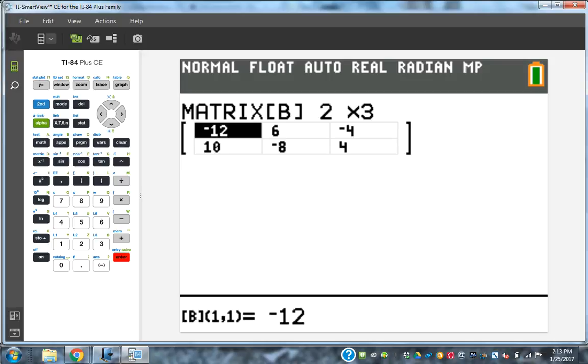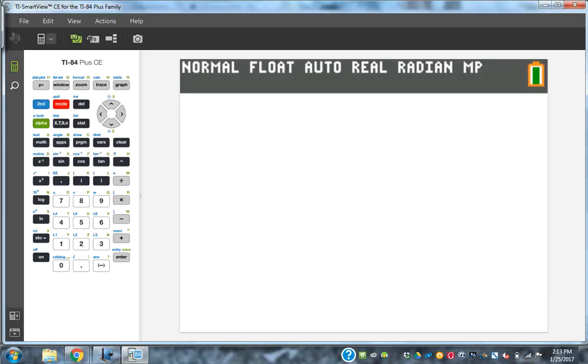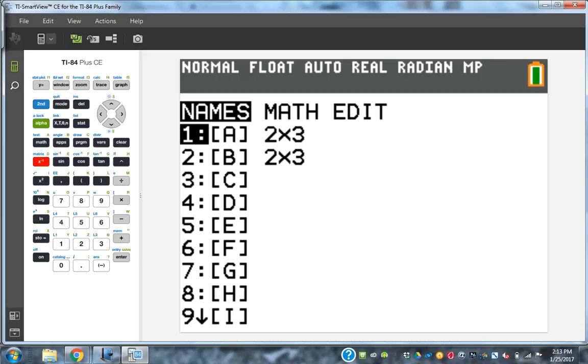All right, now let's add them together. So we hit second, quit, to go back to the regular screen. And now this is where we're going to do that operation. We have to pick up those two matrices to add together. So I'm going to go second matrix, and the names screen that comes up first, that's where you're using them.